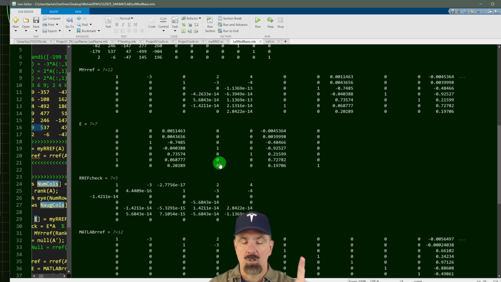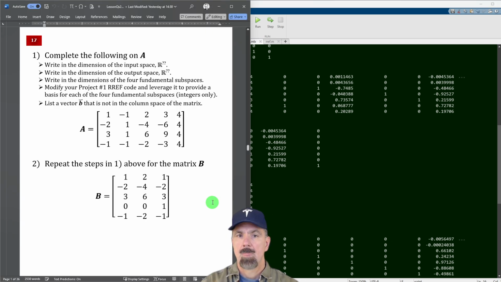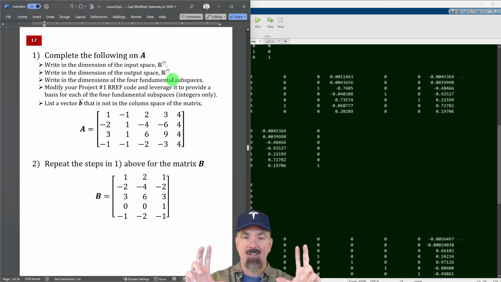This is what we're going to do. So let's take a look at the problems we have for today. I just grabbed those and threw them up. You're going to go through and basically execute exactly what I demonstrated in this video. You're going to write down the dimensions. You're going to have those graphics for the 4 fundamental subspaces.